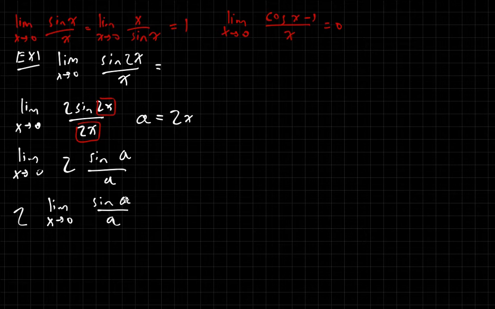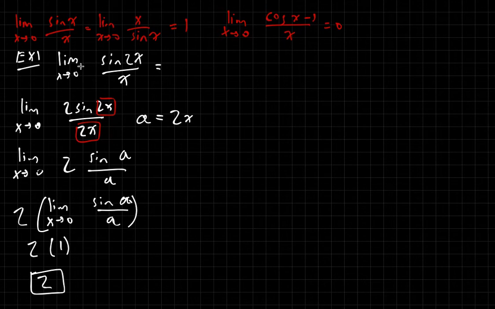Yes, this is not x, but they're still the same exact thing. If they're the same, in this case 2x, we can still use the formula. So this right here is just 1, so it's 2 times 1. Just by rewriting the expression a tiny bit, we can use this formula to our advantage and get an answer of 2.